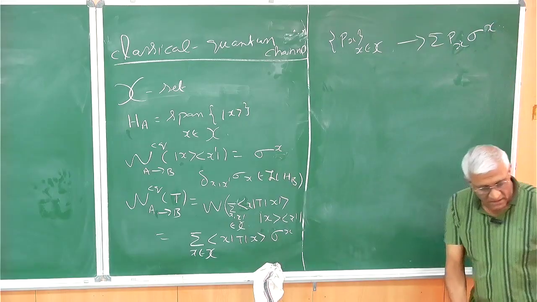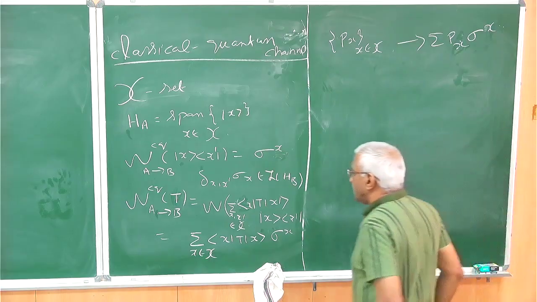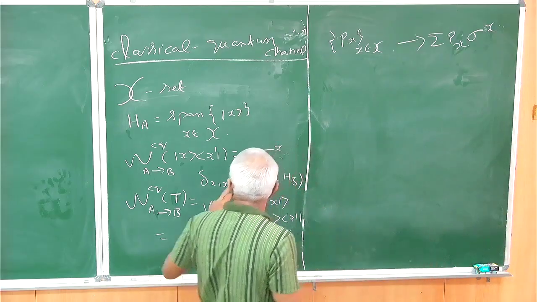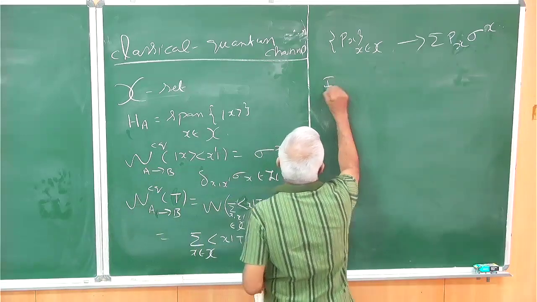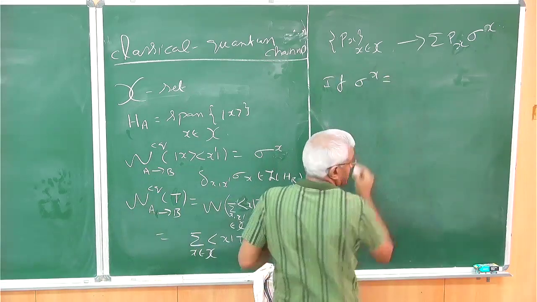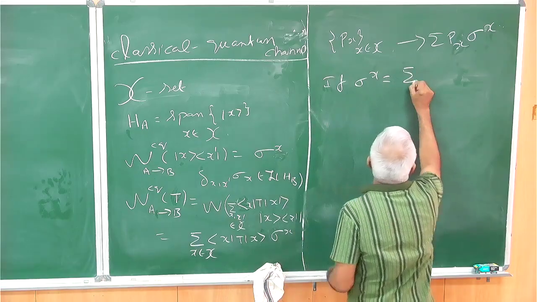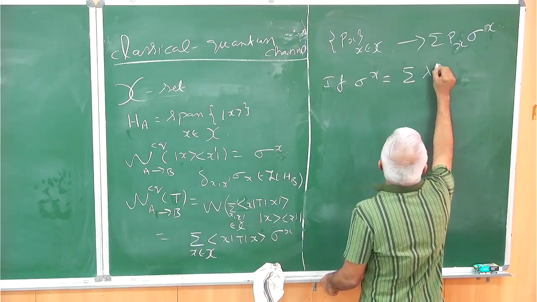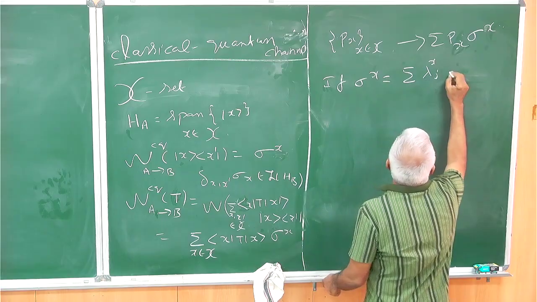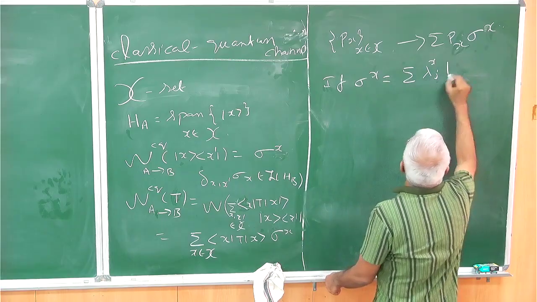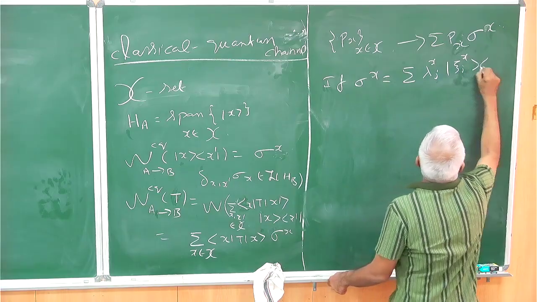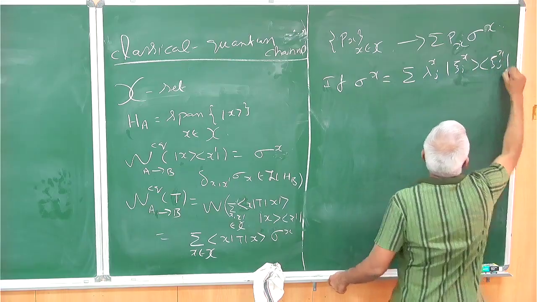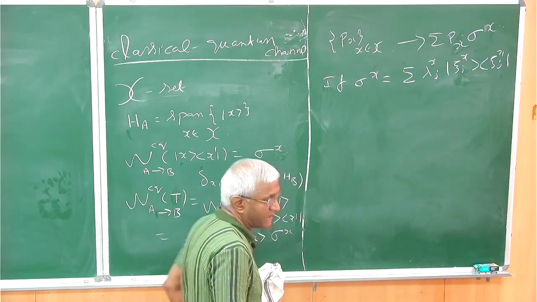That's what it is. So we can compute the Kraus operator. The Kraus operator has to land in B. Suppose sigma_x is a positive operator, so it will look like the summation of lambda_xj times |xi_xj><xi_xj|, like the spectral theorem.